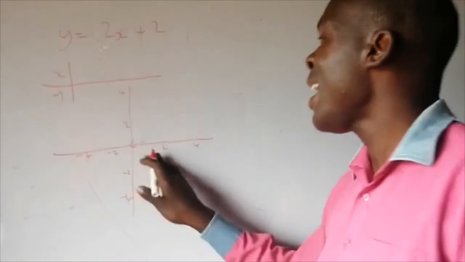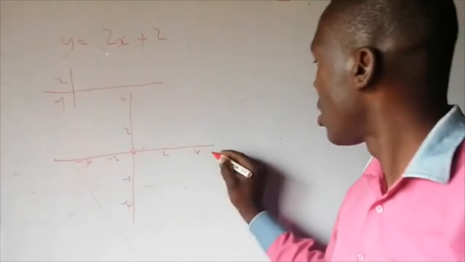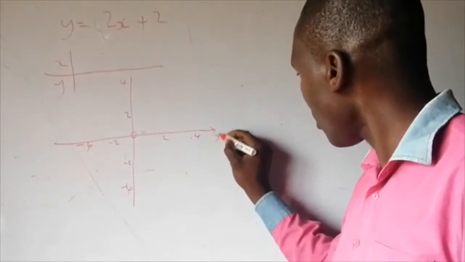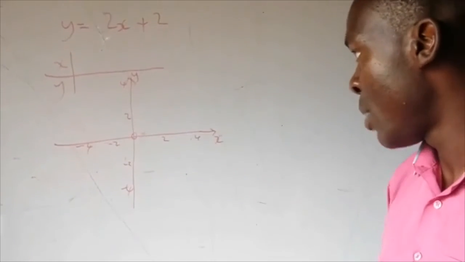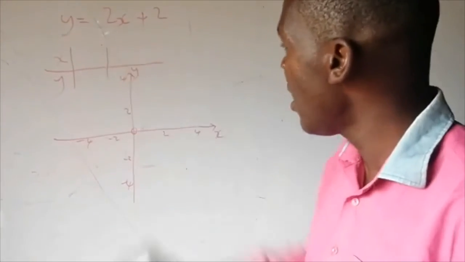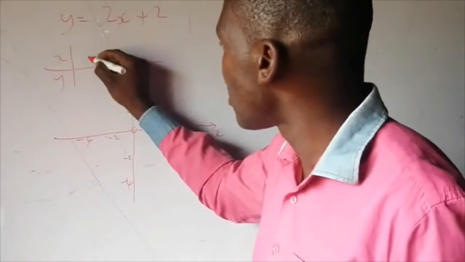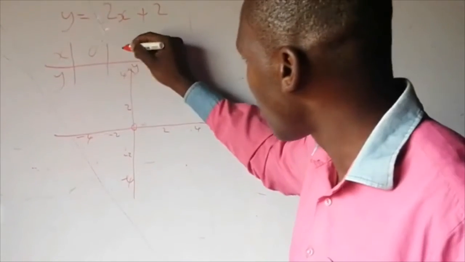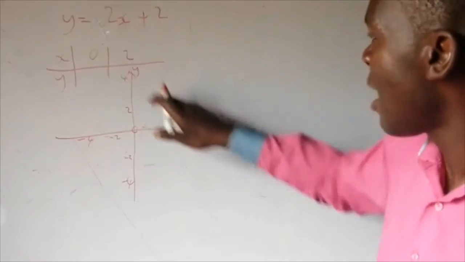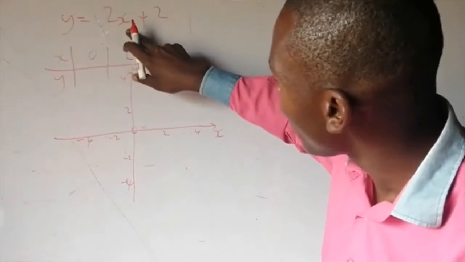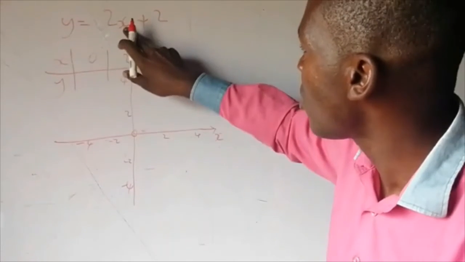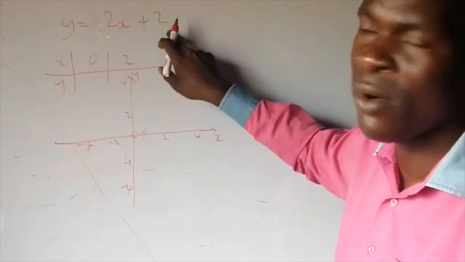We can pick any values of x which are represented on this Cartesian plane. For instance, we can say when x is equal to 0 and when x is equal to 2. So we make a substitution, we put the value of x here. When x is equal to 0, what is the value of y?